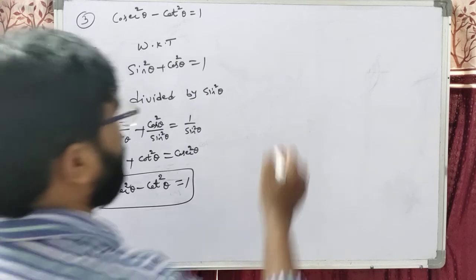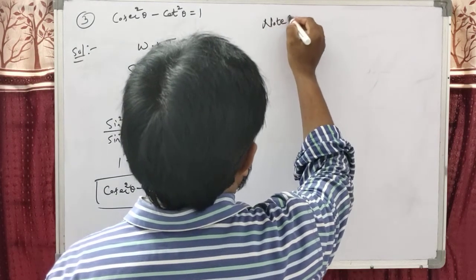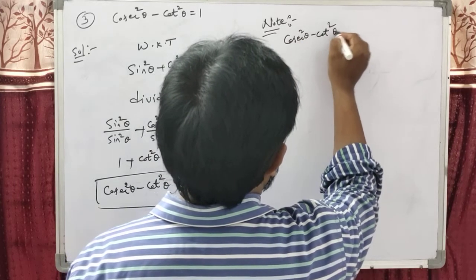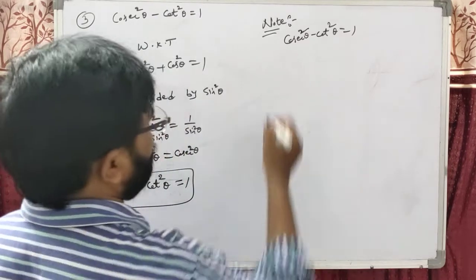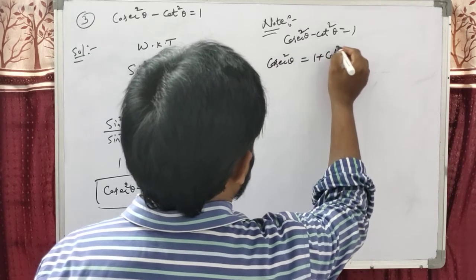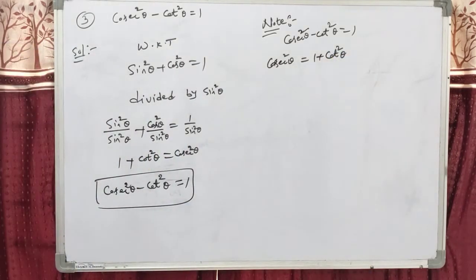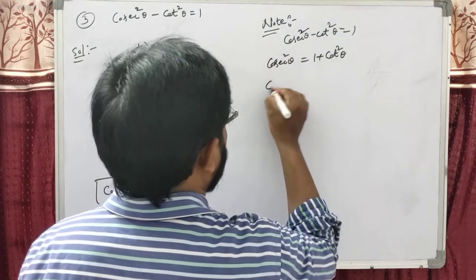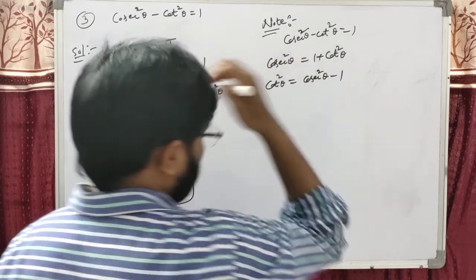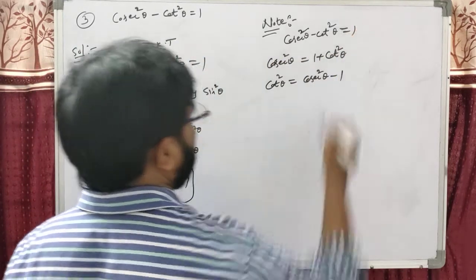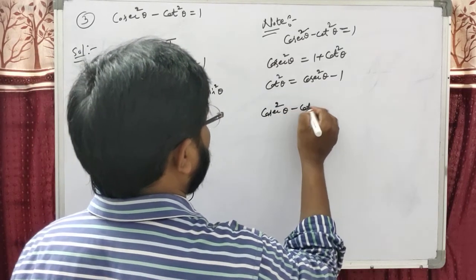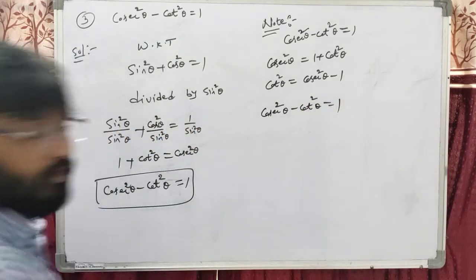Okay students, similarly, the formula is cosecant square theta equals 1 plus cot square theta. Minus cot square sent to the other side gives cosecant square theta minus cot square theta equal to 1.